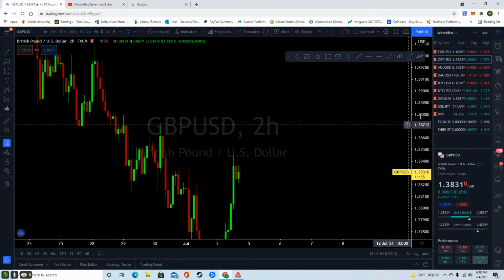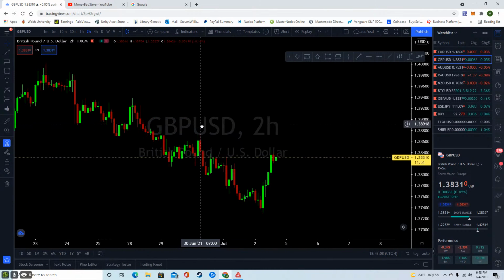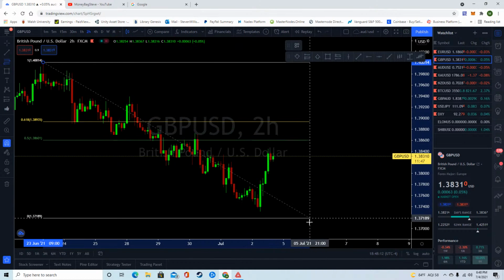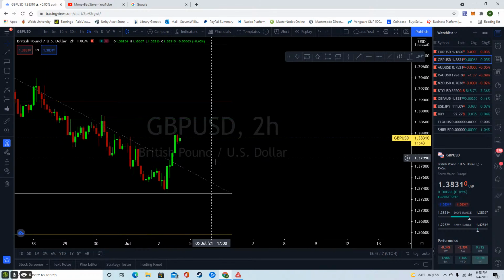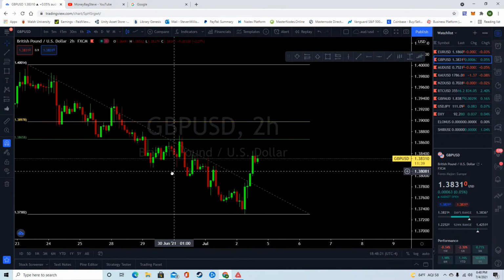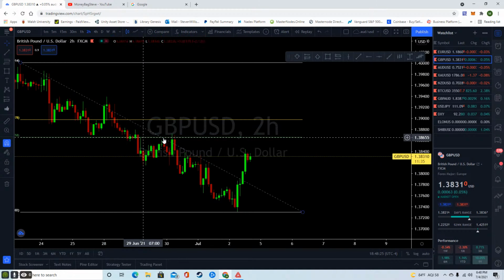And then GBP USD. All right, how's this one doing? All right, we'll just take a fib to it. So we could take a Fibonacci from this. And there are some zones here, but they're going to be small, tight, quick.